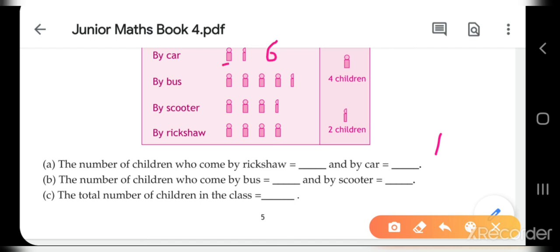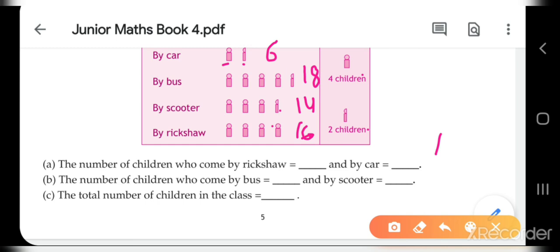It shows 4 and it shows 2. So next will be 4 fours are 16 plus 2, 18. Again 4 threes are 12 plus 2, then it will be 14, and 4 fours are 16.